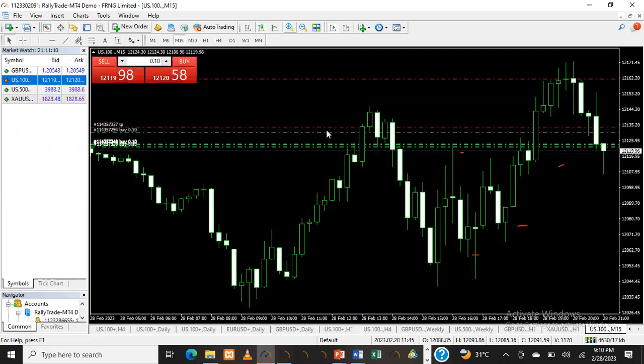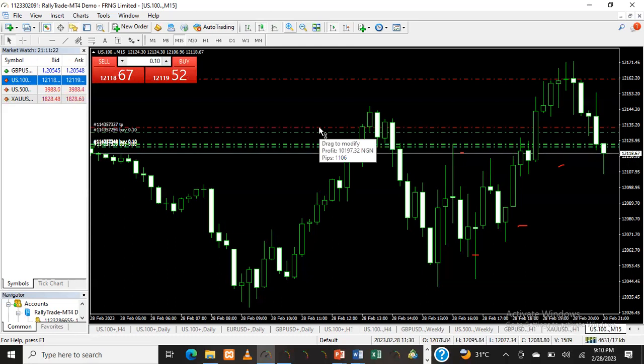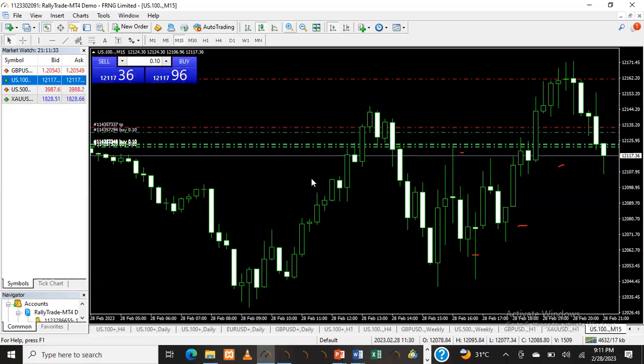So if this market moves 11 pips, I'm going to make 10,000 from this market. Hope you're seeing it. I'm trading at 0.10. Wow. So if I was trading at 0.01, it would have been 1,019 naira. That's what I would have made from where this market is down to this point. So for every 11 pips, you make 1,000.